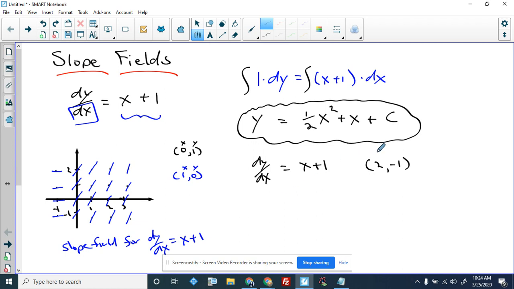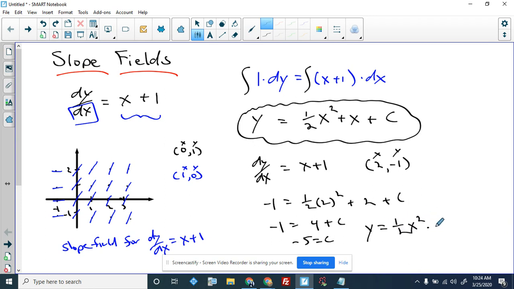So this is my x, this is my y. -1 equals 1/2 times 2 squared plus 2 plus c. So 2 squared is 4, divided by 2 is 2. 2 plus 2 is going to be 4. So you get this. Subtract that over. You're going to get c equals -5. So now a particular solution would be y equals 1/2 x squared plus x minus 5.